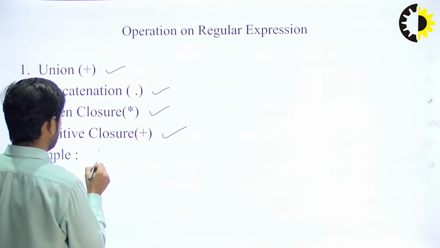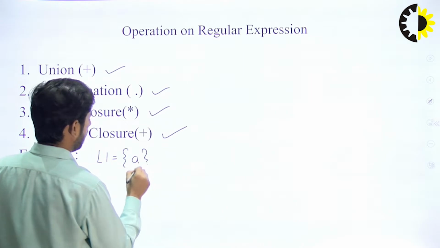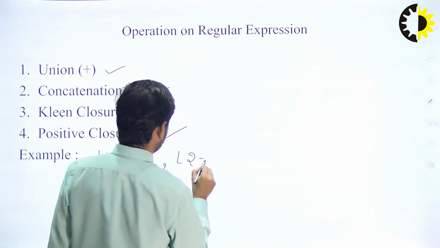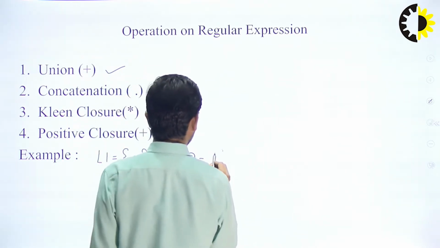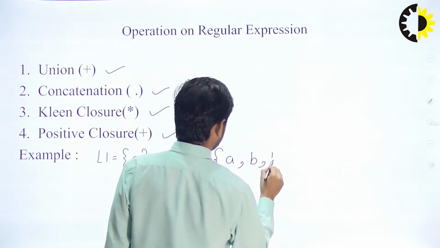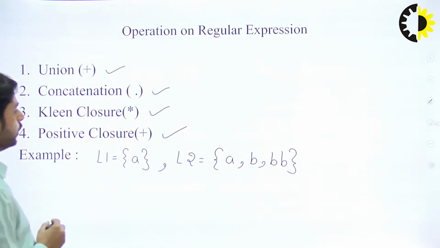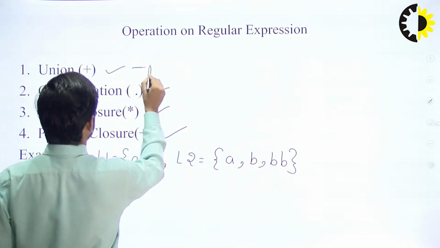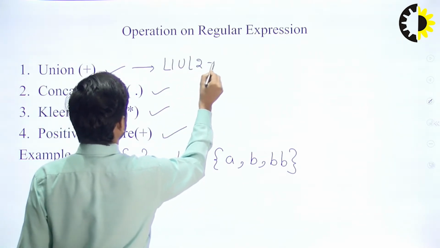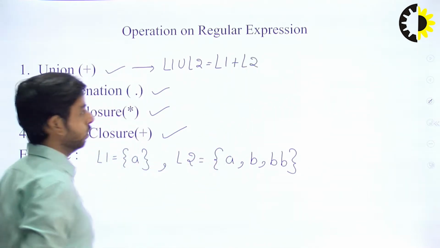Suppose there is a language L1 which contains the element A, and there is a language L2 which contains the strings A, B, BB. If we perform the union operation, it means the language L1 union L2, or you can also write it as L1 plus L2, both are the same.